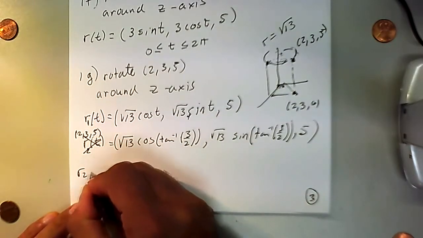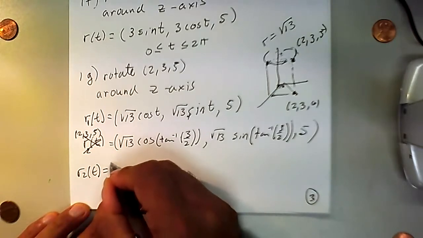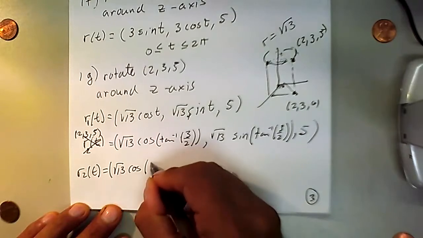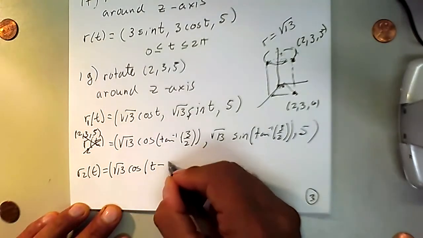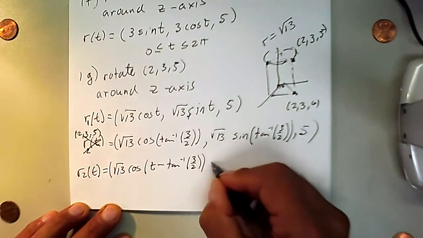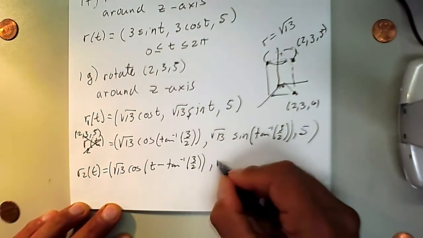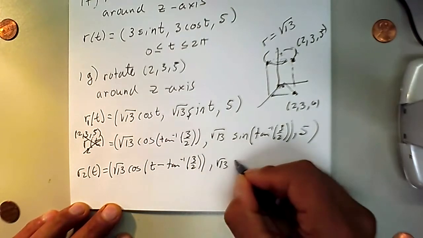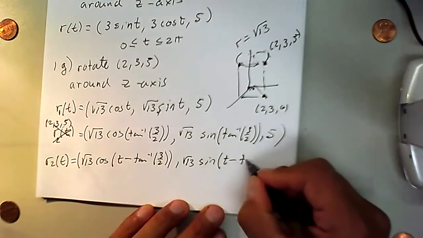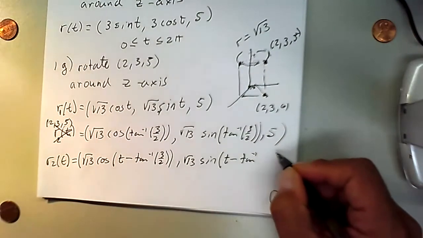So the R2 of t actually will be square root of 13 cosine of t, take away tangent inverse of 3 over 2, there we go, comma, square root of 13 sine t, take away tangent inverse.